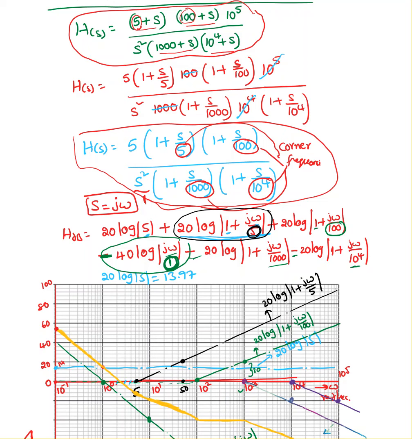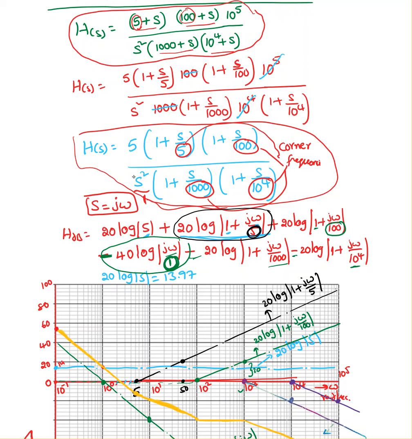Now when you convert this into H in dB equal to 20 log 5. By the way, s is nothing but j omega, so I'm replacing s with j omega. So 20 log 5 plus 20 log |1 plus j omega over 5| plus 20 log |1 plus j omega over 100|. So the numerator terms we're going to add together, the denominator terms also, but you need to subtract them from the numerator terms.